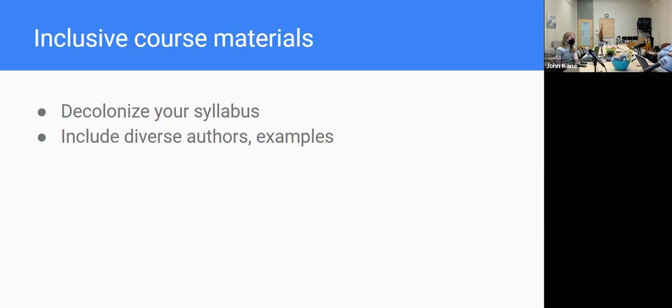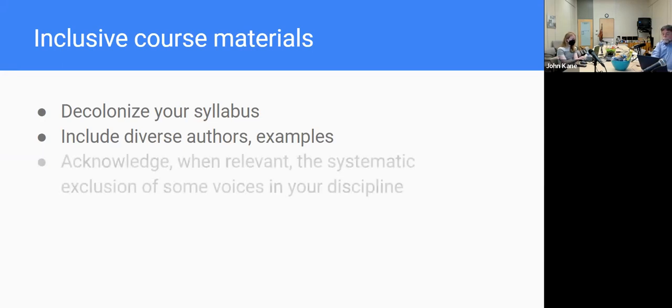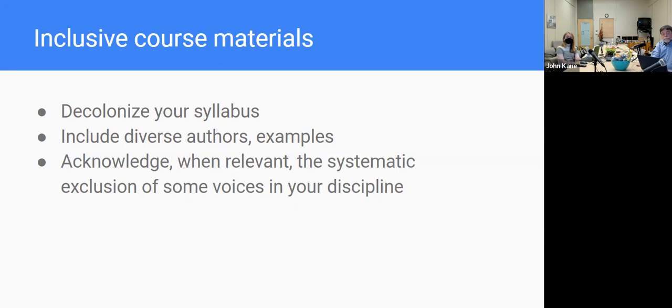Really think about expanding not only the content of your course, but also the scholars and authors that you rely on, so that you are including more diverse perspectives and examples. Also acknowledge, when relevant, the systemic exclusion of some voices in your discipline.